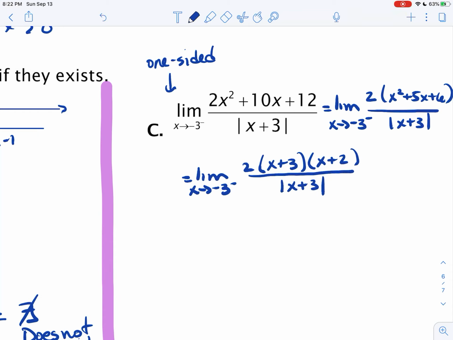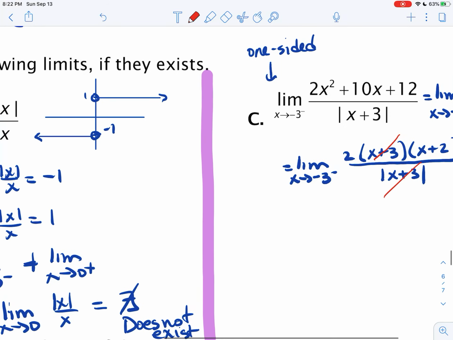And here, because we do want to be able to cancel, x plus 3 divided by x plus 3 is going to give us a value of 1, but is it going to give us a positive 1, or is it going to give us a negative 1?